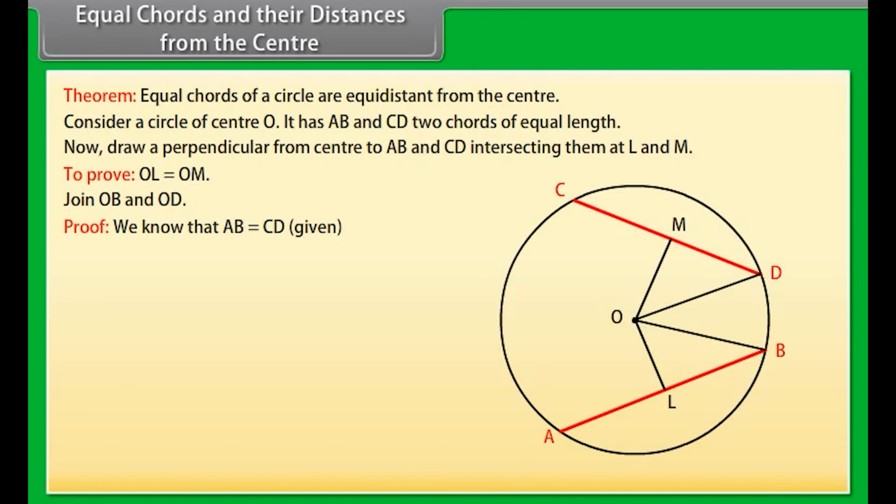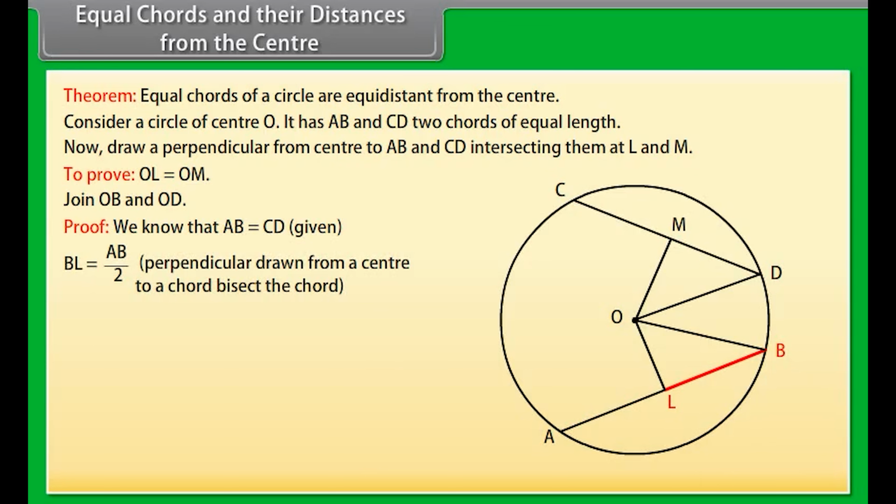We know that AB is equal to CD, given. BL is equal to AB upon 2, as the perpendicular drawn from a center to a chord bisects the chord. Similarly, DM is equal to DC upon 2. Therefore, BL is equal to DM. Consider triangle OBL and triangle ODM.